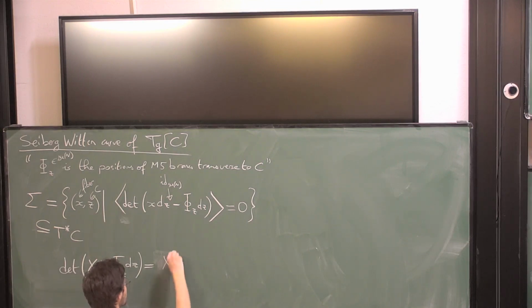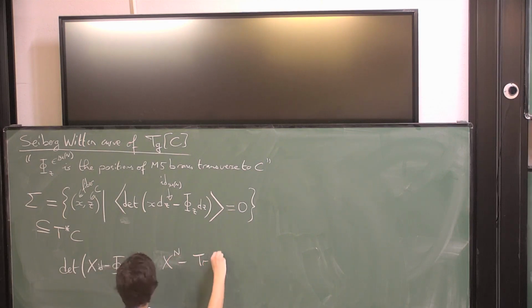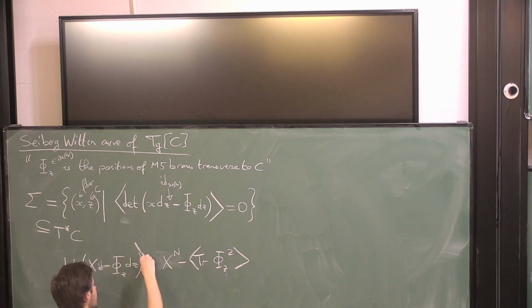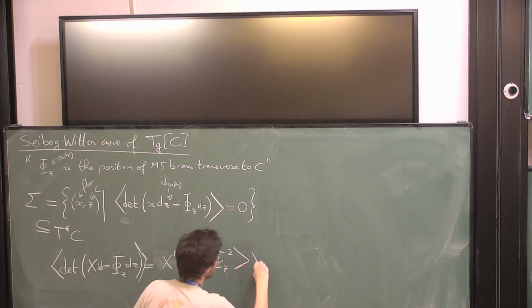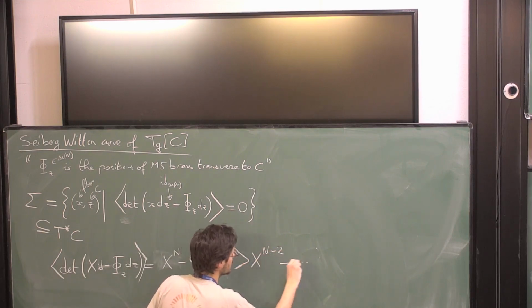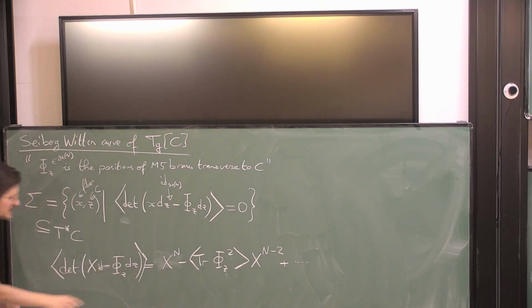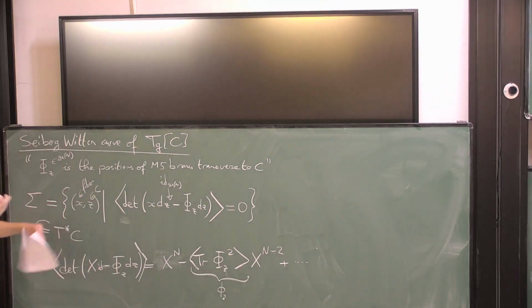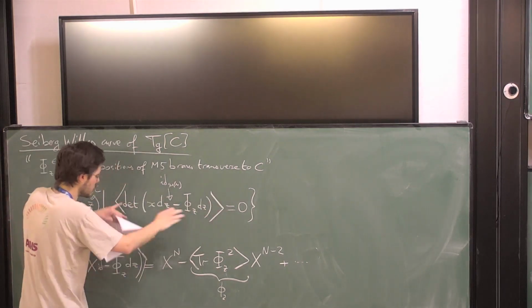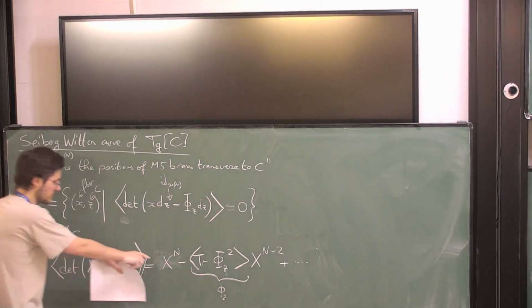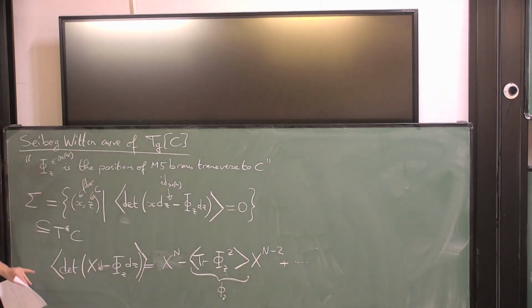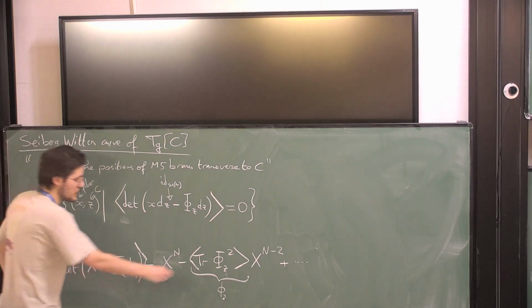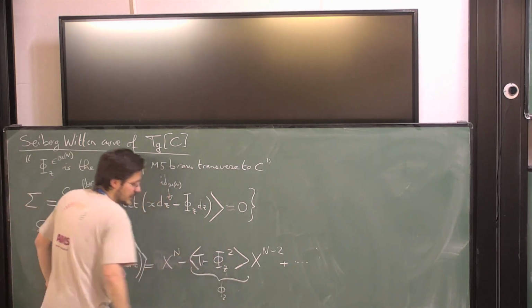This is going to be x to the n minus trace phi z squared, oops, sorry, I forgot to put that here, x to the n minus 2, minus dot dot dot. So this is really just phi 2, phi 3, and so on, up to some mixing between the phi's. So really this is a well-defined object. Even though it's written like this, it looks a bit iffy. What it really means is this kind of equation, which is built from gauge invariant objects, all of which are just holomorphic k differentials.